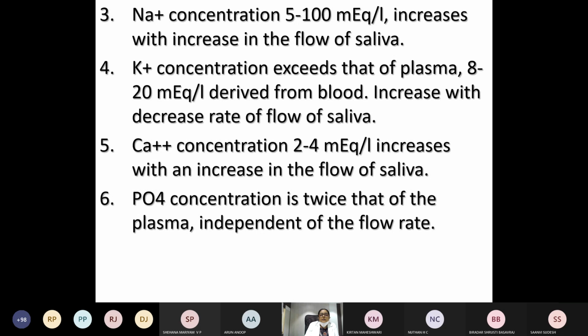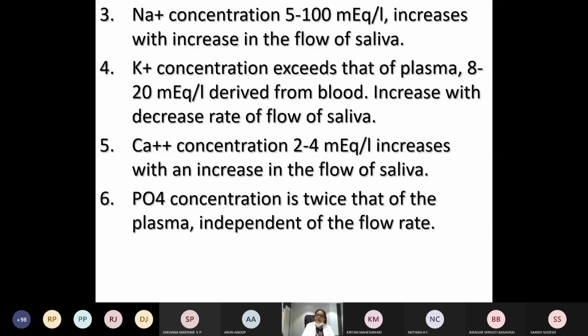Next, sodium, potassium, calcium and phosphate. Sodium concentration is 5 to 100 milliequivalents per liter and increases with an increase in the flow of saliva. Potassium concentration exceeds that of plasma, 8 to 20 milliequivalents per liter, derived from blood.